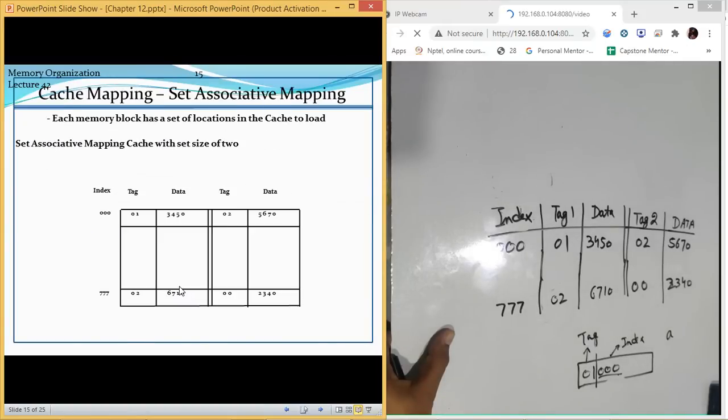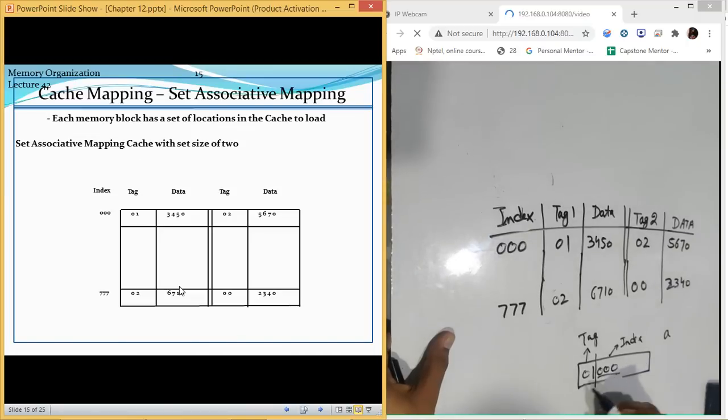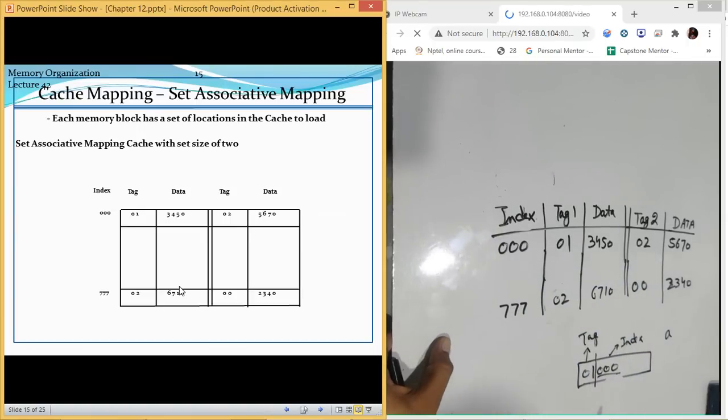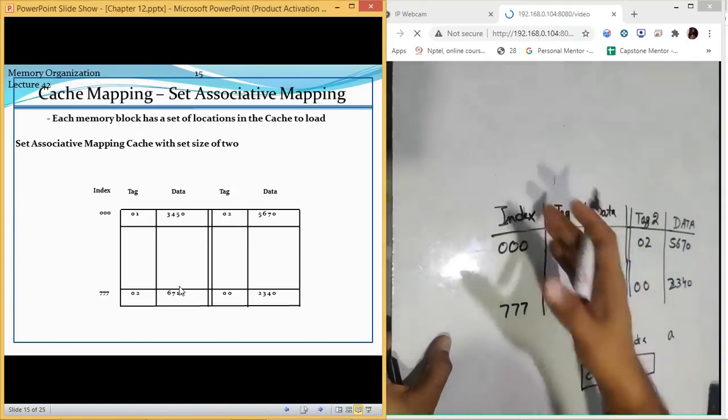That is why its name is associative mapping. The logic we use for matching the tags and index is associative. So the tag will be compared, and if we are able to find it, then it is fine. If we are not able to find it, then we have to replace the data.